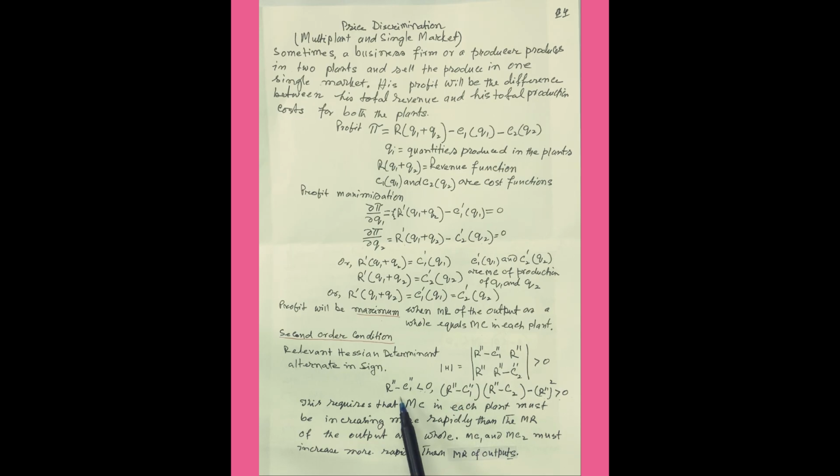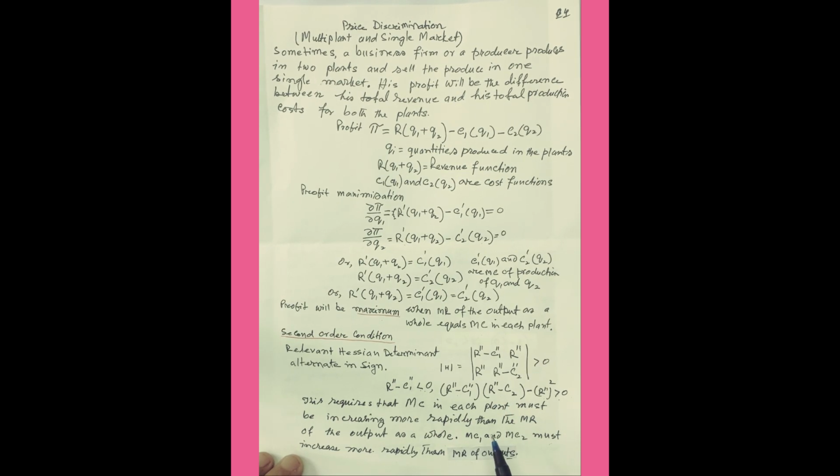If this is negative, this must also be negative. So MC1 and MC2 must increase more rapidly than MR of the output. Only then this will be satisfied. So this is all about price discrimination.